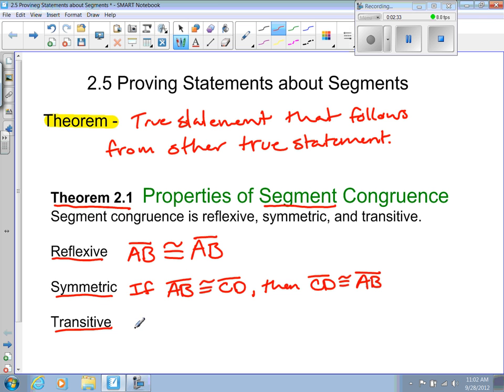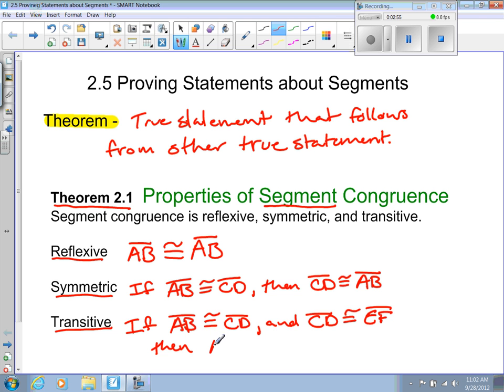That's the only difference. Transitive property: if segment AB is congruent to segment CD and segment CD is congruent to segment EF, then by the transitive property, segment AB is congruent to segment EF.